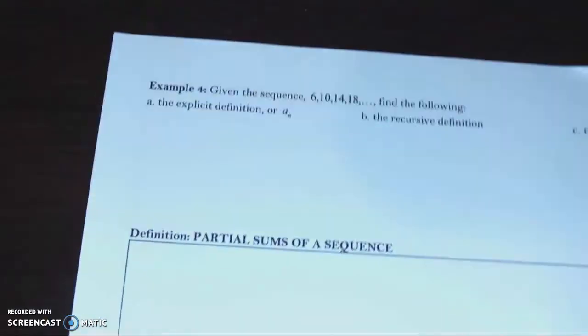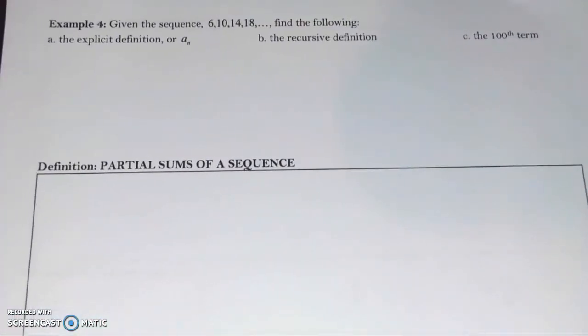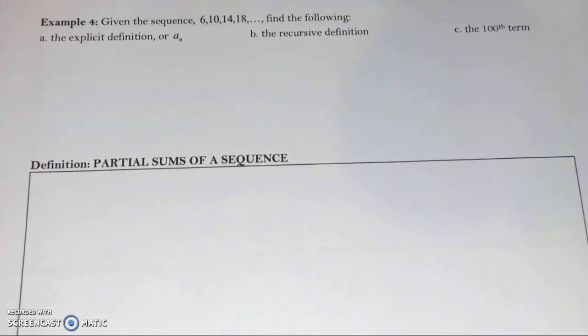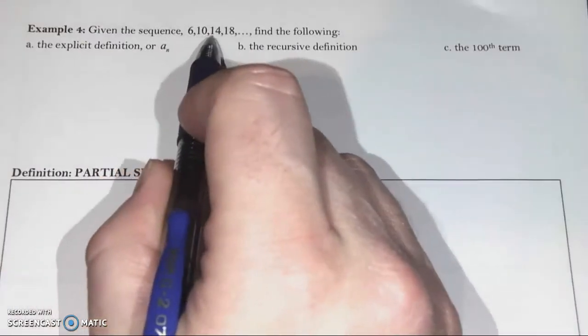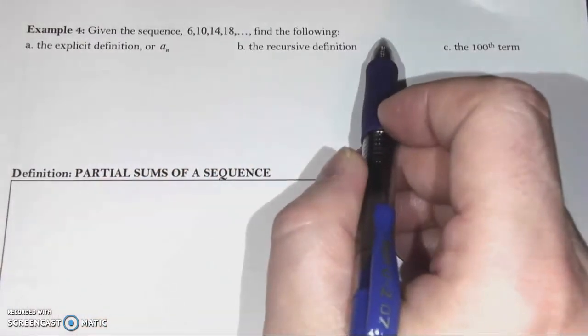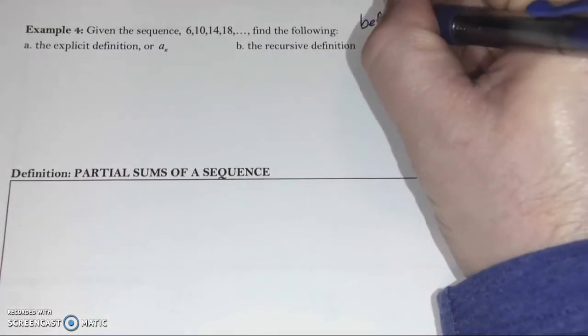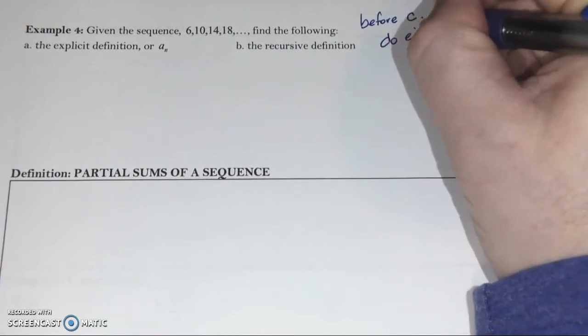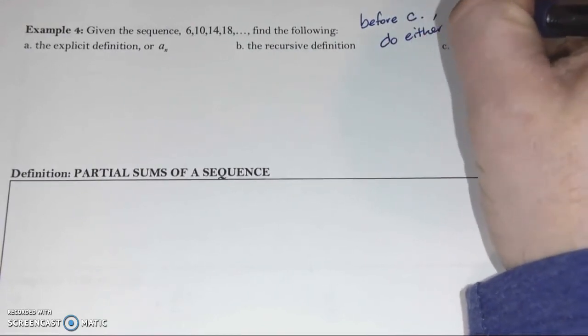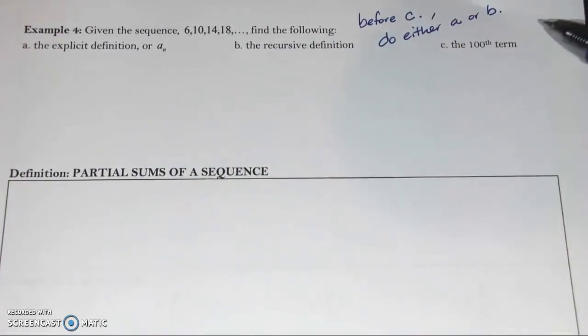And we've got one more example to do. Actually, I'd like you guys to try this example. Okay, what you're going to want to do before you find the 100th term, unless you want to count out this sequence to 100 terms, before you do C, do either A or B, and that will help you find the 100th term.